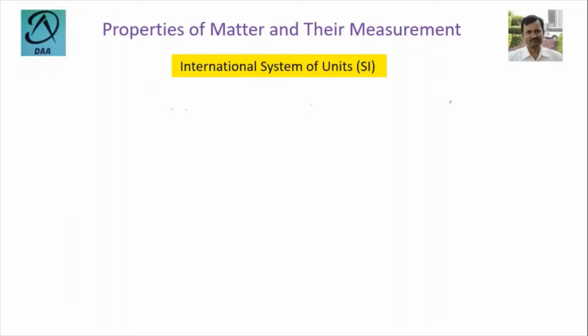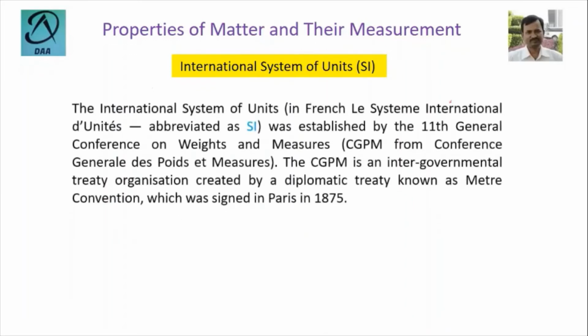Now we will discuss the SI system, the International System of Units. Why is the name SI? This abbreviation SI has come from the International System of Units, S for system and I for international.